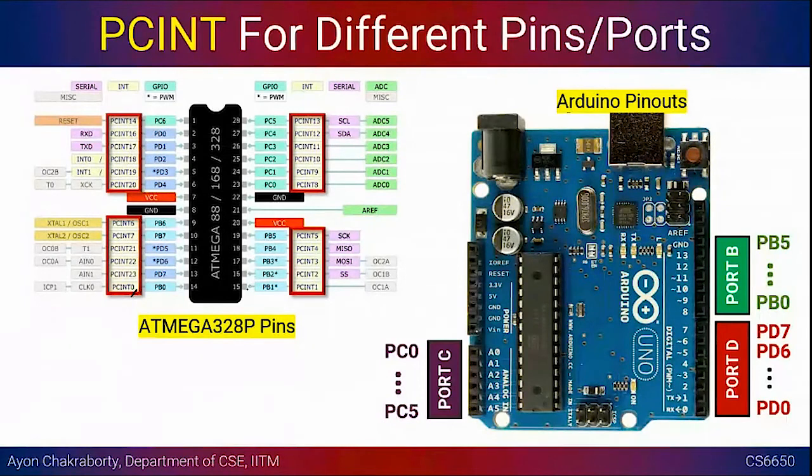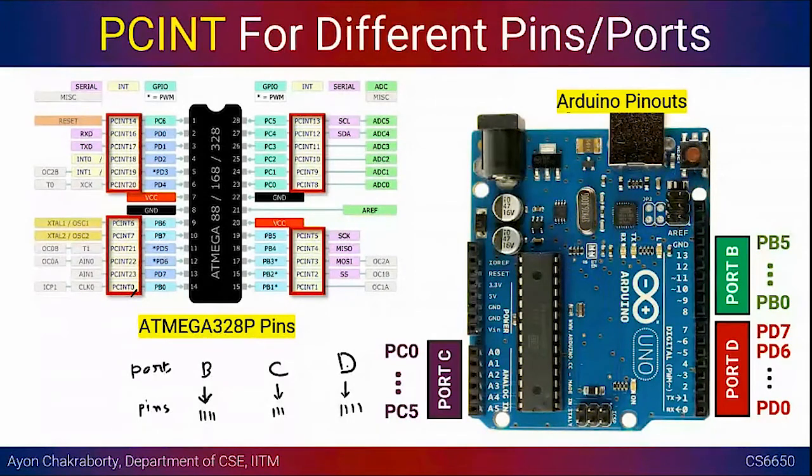One more additional thing, if you remember, was that the PCINT interrupts were grouped in terms of ports. We had ports B, C, and D, and there is a collection of pins within all these ports. Port B will have some pins, port C will have some pins, as shown in the picture on the right hand side.